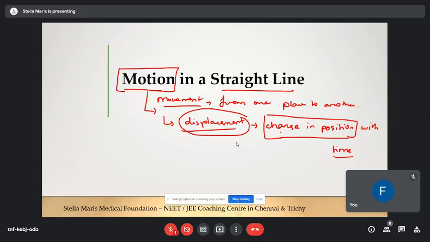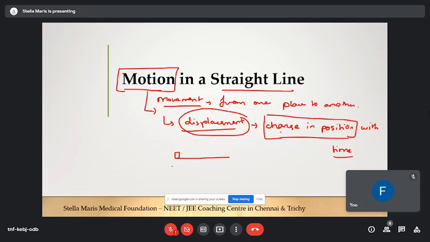So from 0 to 5 seconds, what happens? Can you describe the motion of this object? What happens to that body from 0 to 5 seconds? The object is at rest, right? Yes, sir.